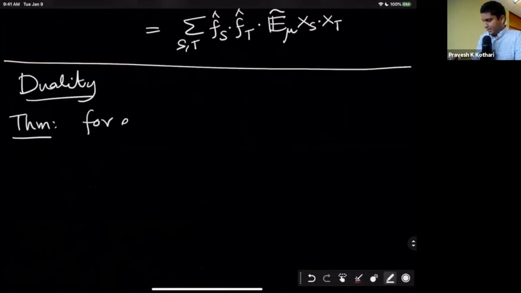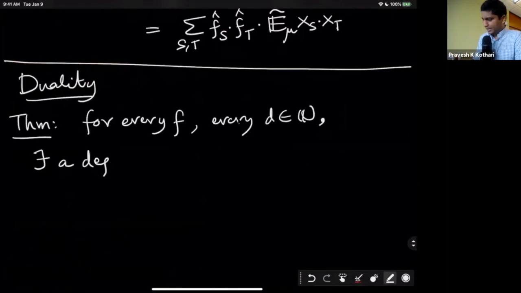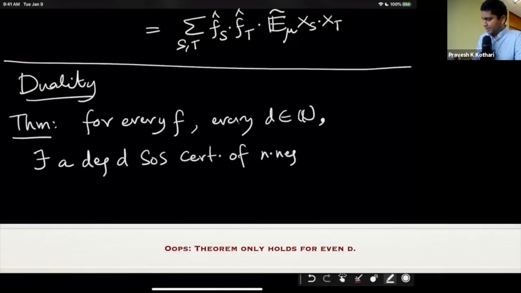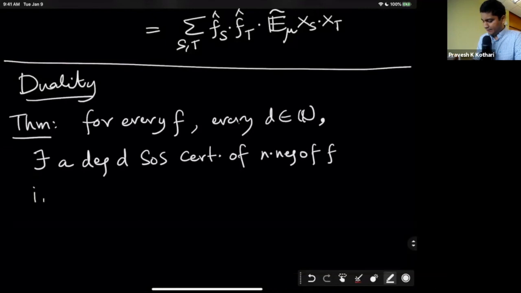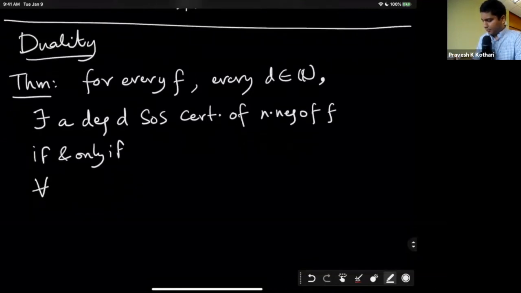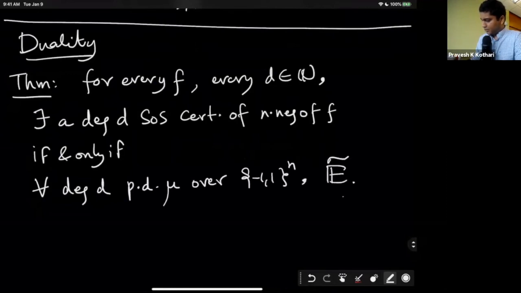For every f and every integer d, there exists a degree d SOS certificate of non-negativity of f if and only if for all degree d pseudo distributions mu over -1, 1 to the n, the pseudo expectation of f is bigger than or equal to 0.